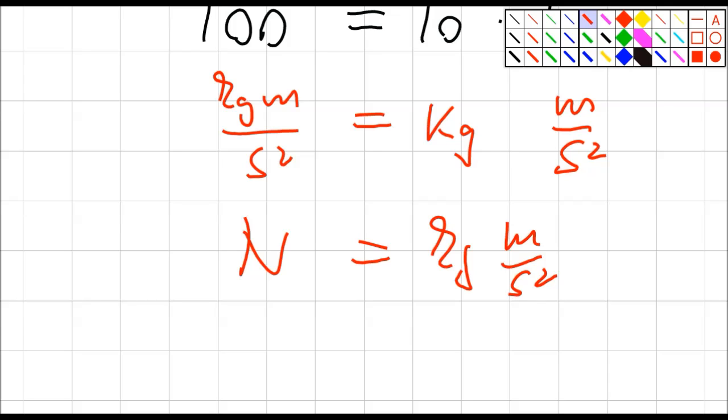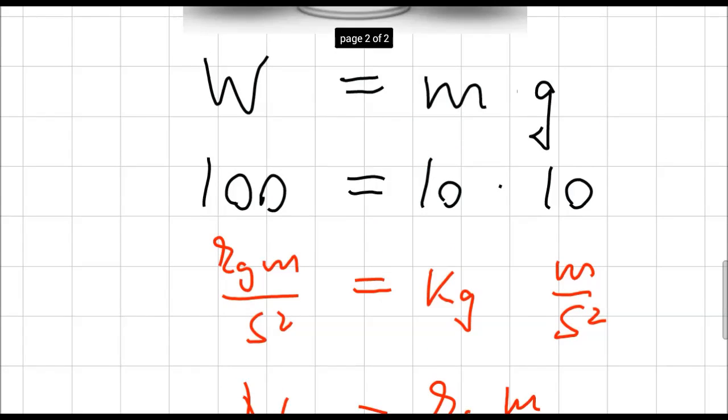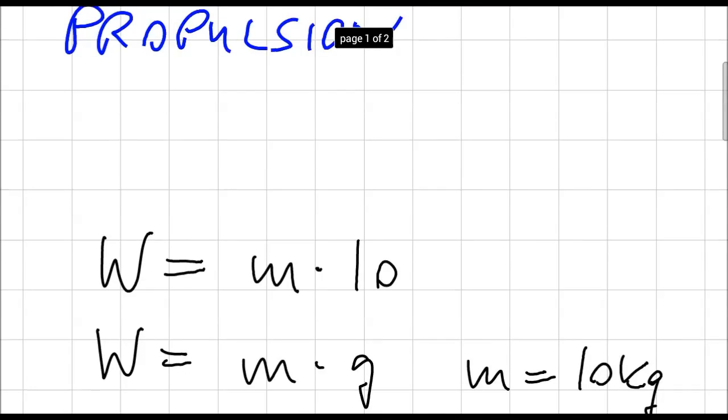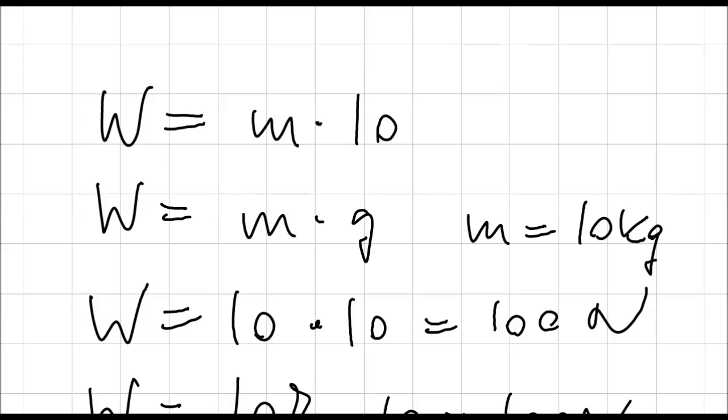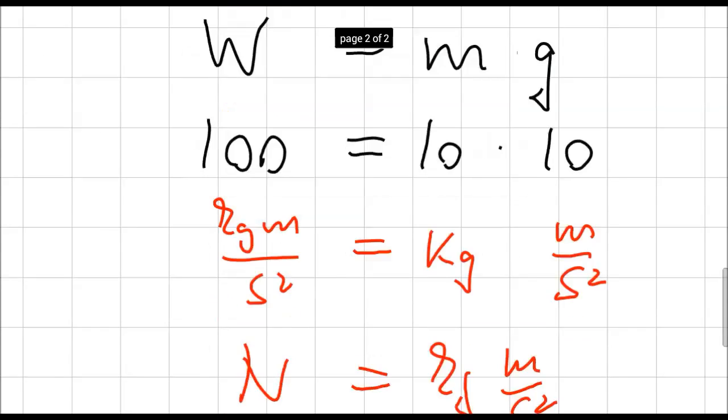Now let us go back to one of your expressions. Let us go back to this one here, saying weight is 10 times 10 equals 100 Newton.